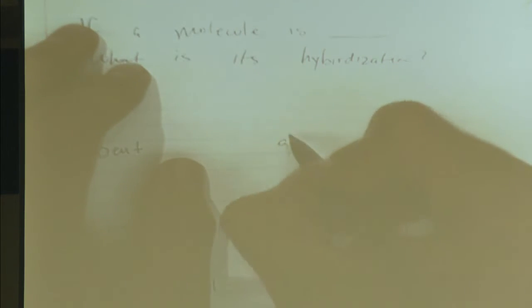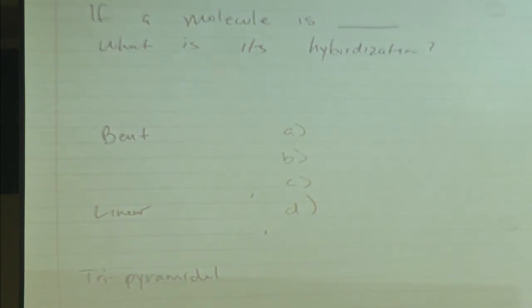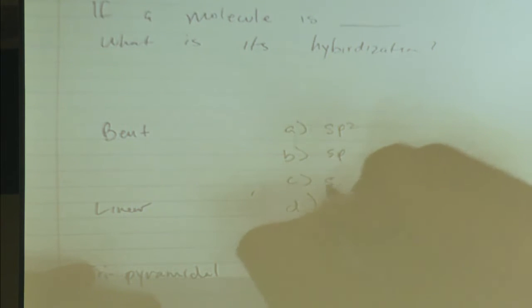So think of it like this. You're going to have to pick this off a test. And there's only going to be 4 choices. And if you've seen a scantron before, you can only bubble in one answer. So let's say this says sp2, this is sp, this is sp3d2, and this says unable to determine.